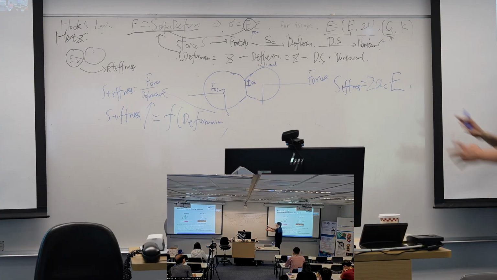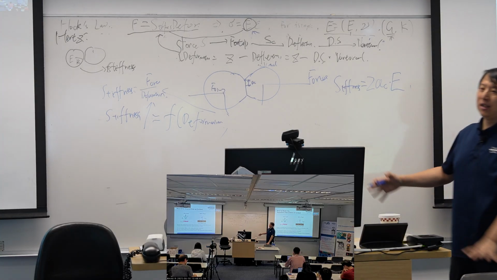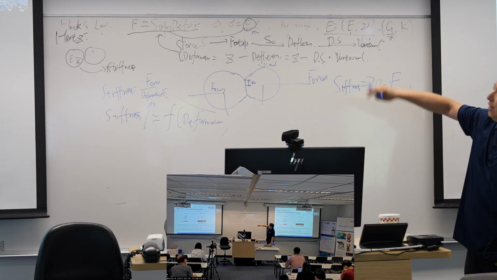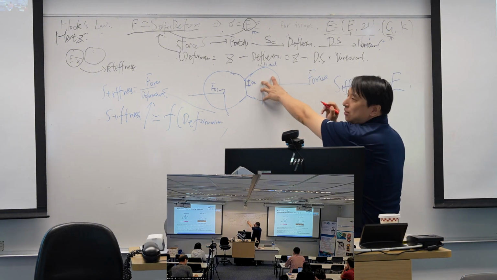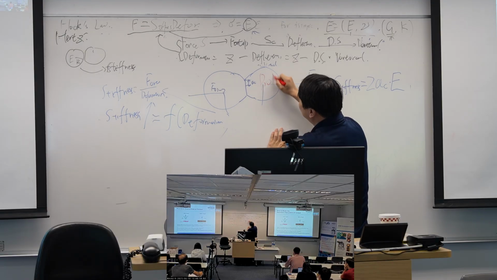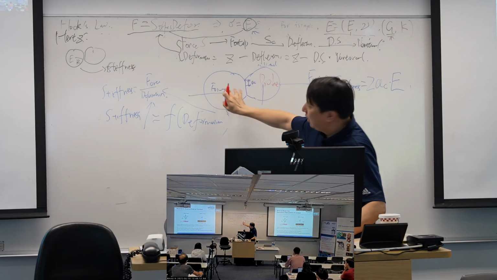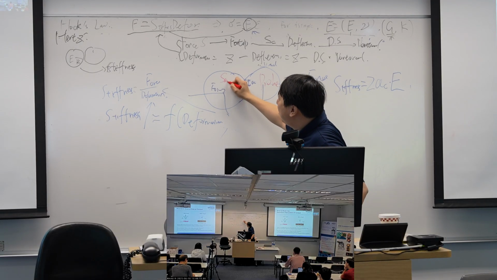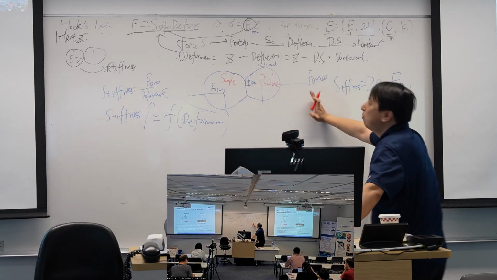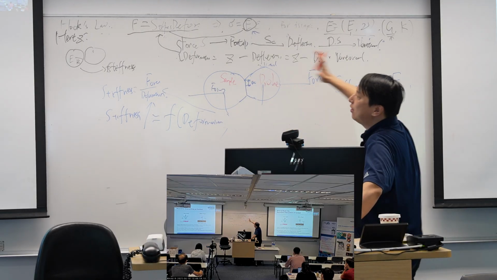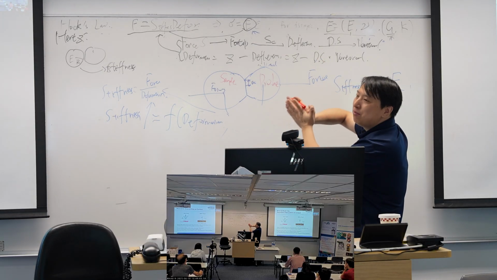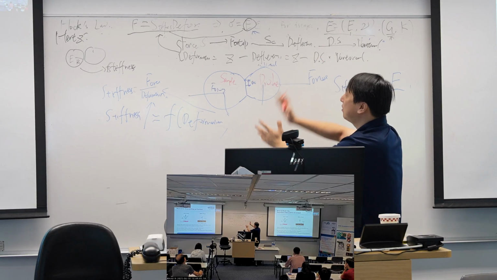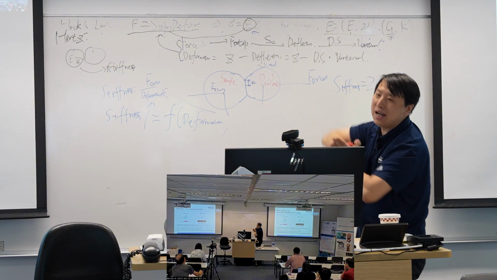So with this theory, we can solve our problem quite easily. Now this one is our probe. This one is our sample. The probe applies force on the sample, so we are actually compressing the probe and the sample together.